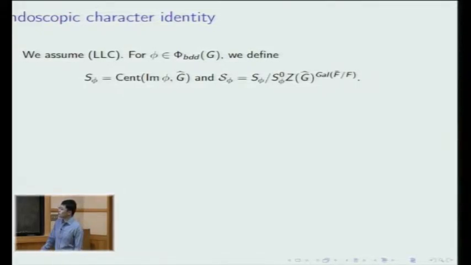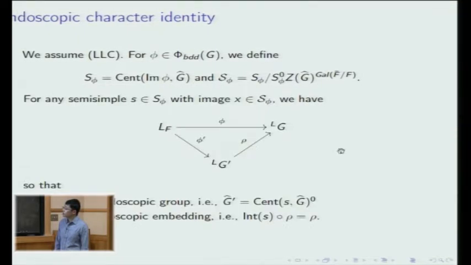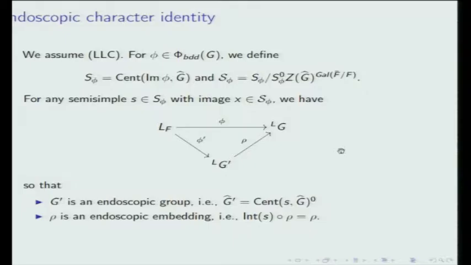So we just take a bounded parameter, and we define these two groups, S_phi and discrete S_phi. Now if you take a semi-simple element in S_phi, then you can easily see that your parameter will factor through an endoscopic group, which is determined by S and also phi. So basically, this is essentially how you define this endoscopic group.